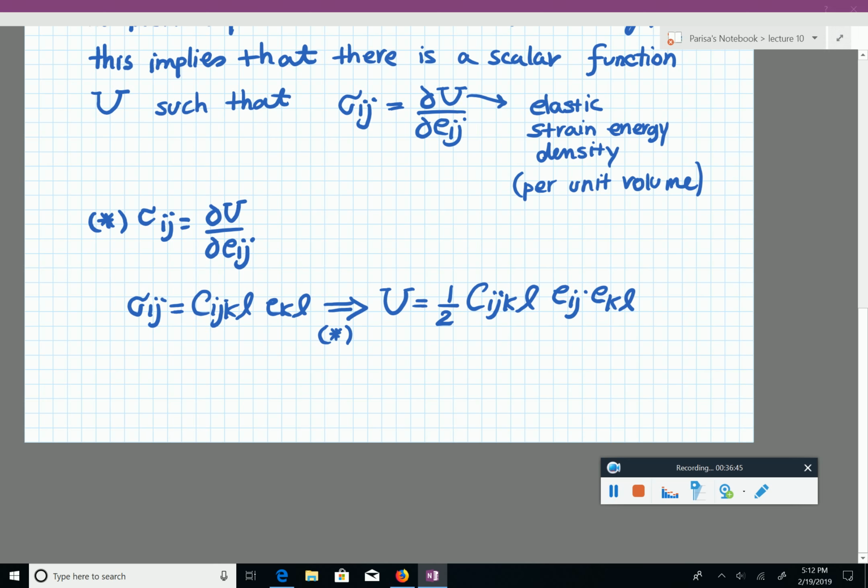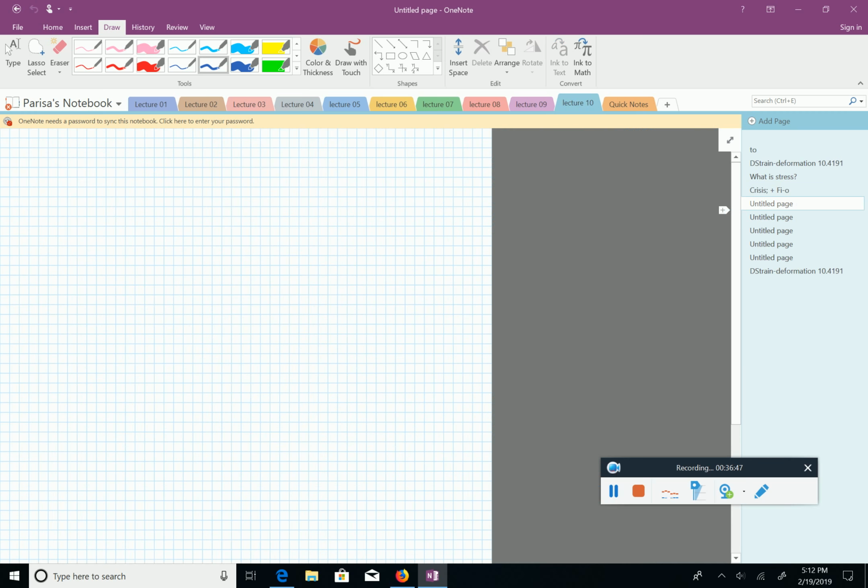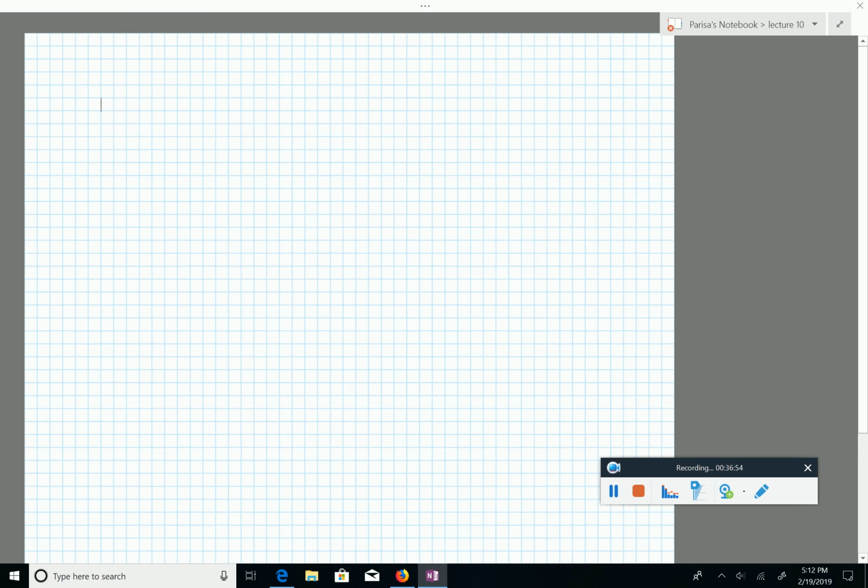So this elasticity tensor in general has 81 components.